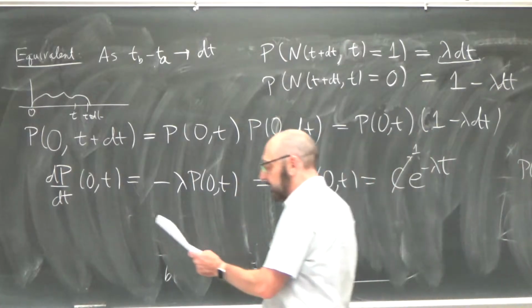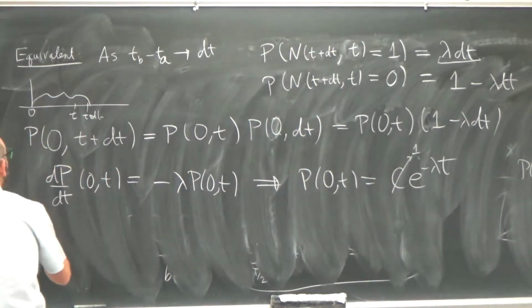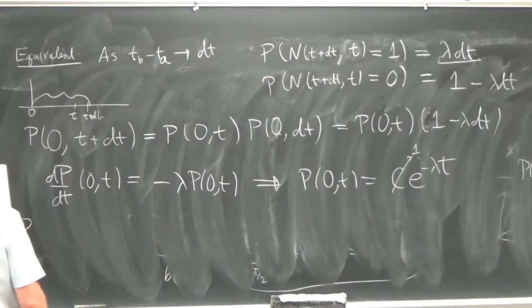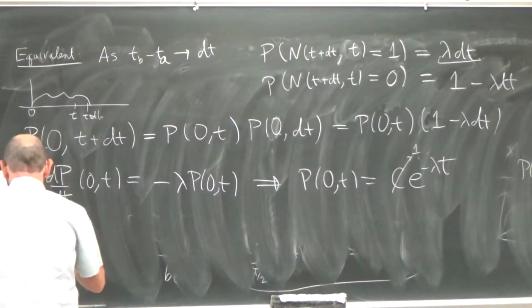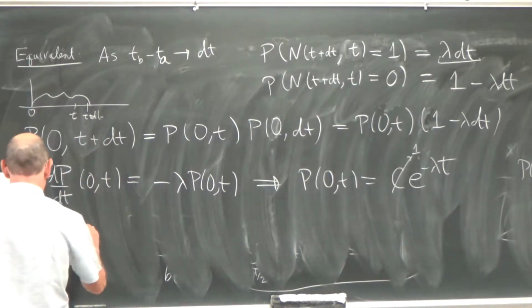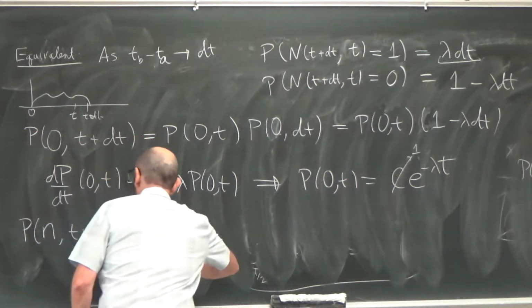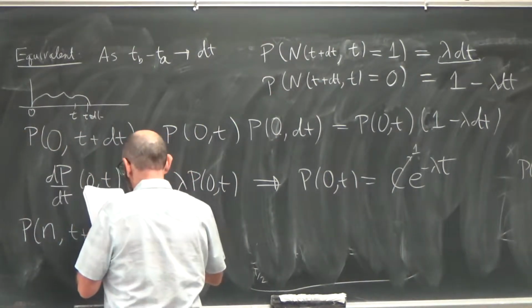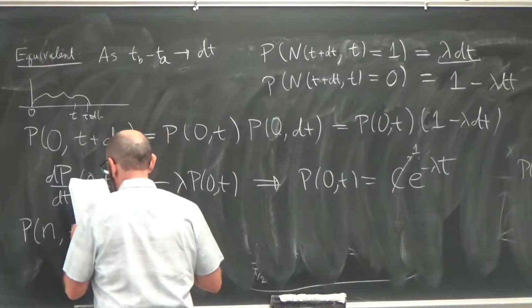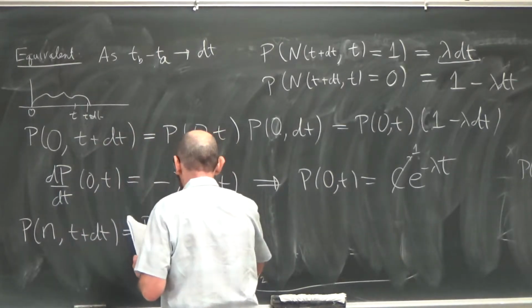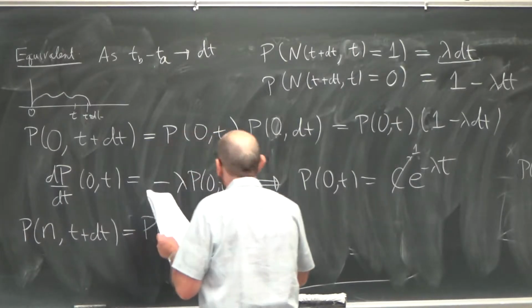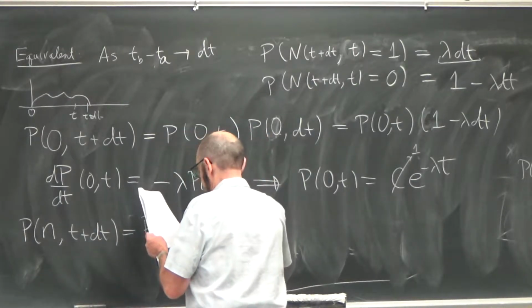Similarly, I can argue as follows. What's the probability that I'm going to see n counts in this time interval? Well, that's the same argument. It's the probability that I'm going to see n of them up to this point and nothing in the next interval.